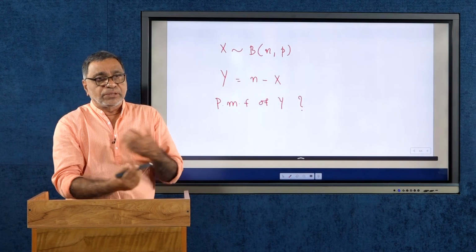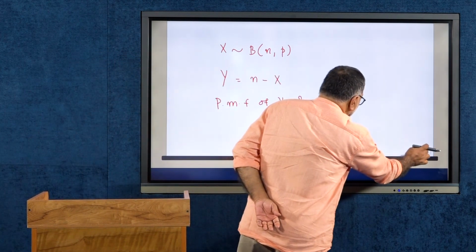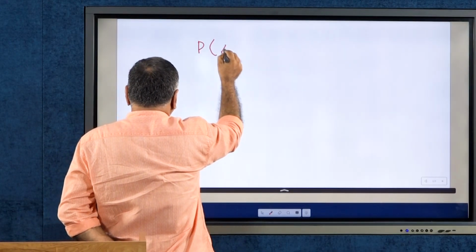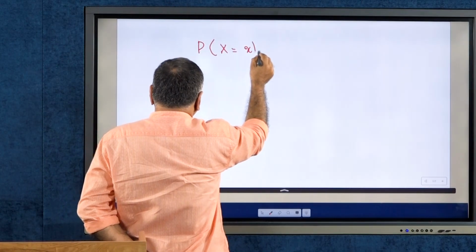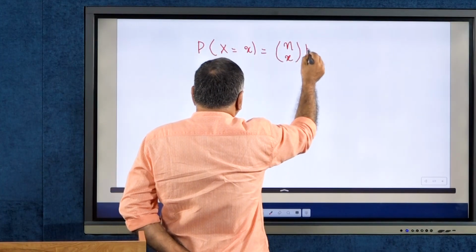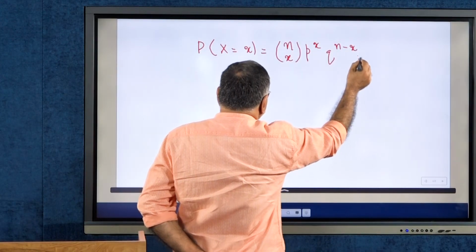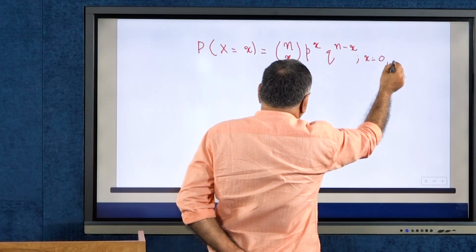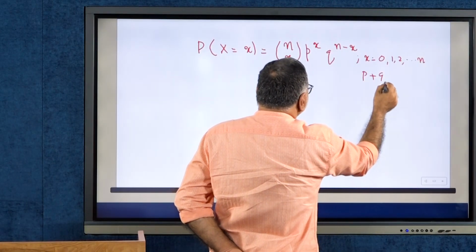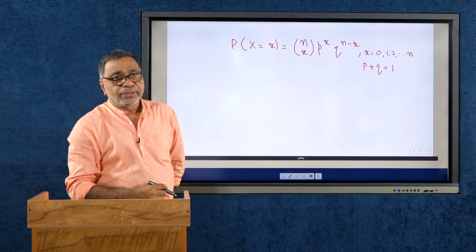It is very simple to obtain the probability mass function of y. If x is a binomial random variable, we can write the probability that X equals x, the probability mass function, as n C x, p power x, q power n minus x, where x is equal to 0, 1, 2, up to n, and p plus q is equal to 1. So, this is our probability mass function of x.